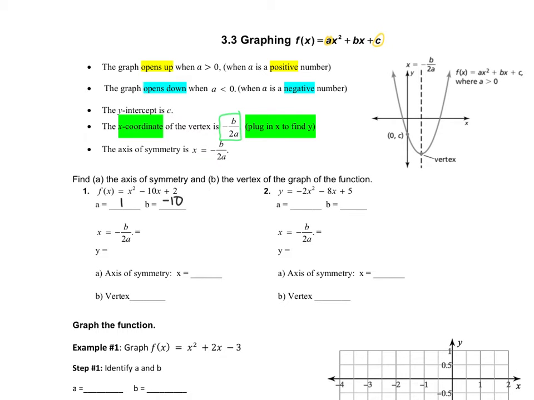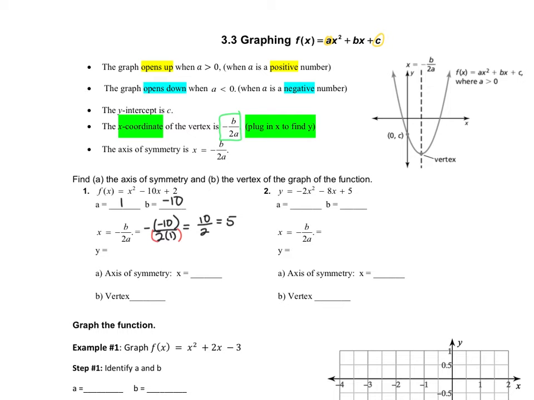So we plug in 1 for a and negative 10 for b: negative negative 10 over 2 times 1. If you put this in your calculator, you have to put parentheses around the denominator, or you will not get the correct answer. A negative negative 10 is a positive 10 over 2, which is 5.